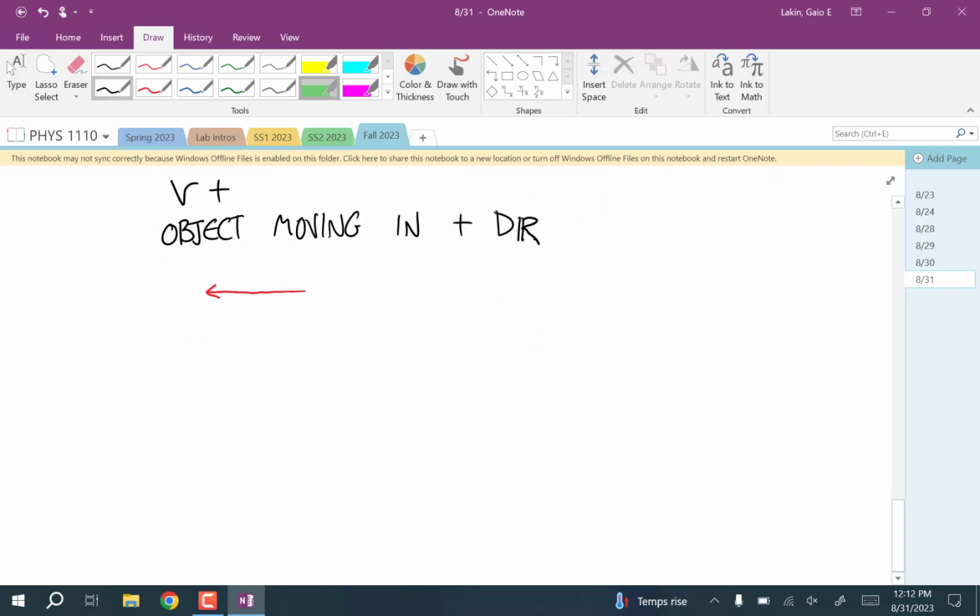Units for velocity are always units of length divided by time. We're almost always going to use SI units. And so in SI units, velocity has units of meters per second.